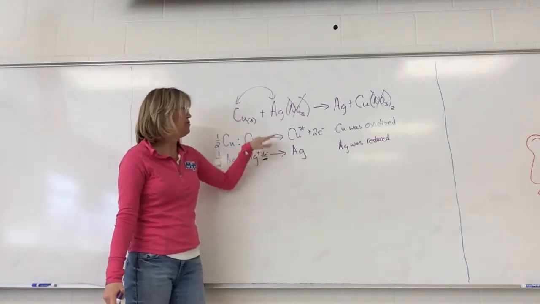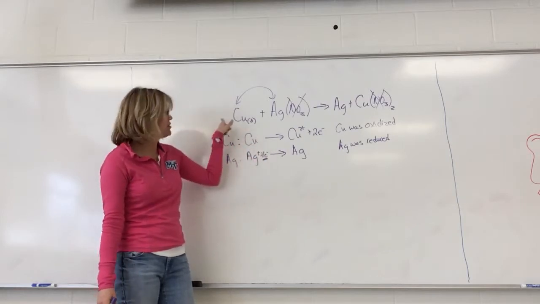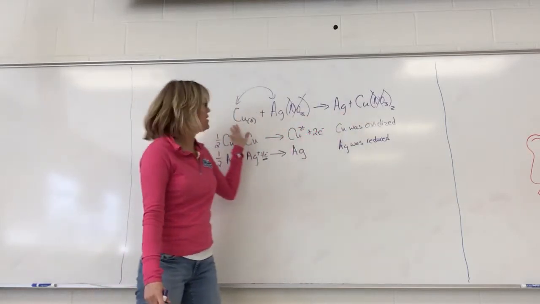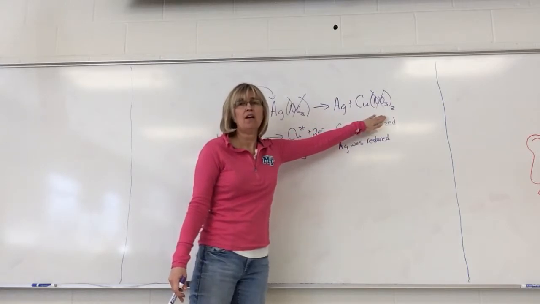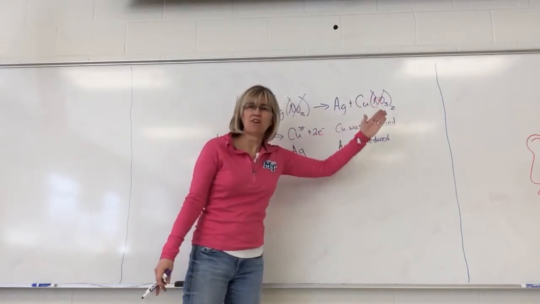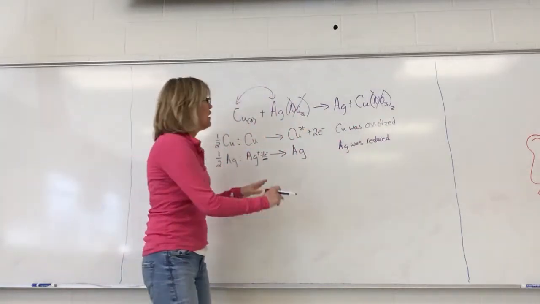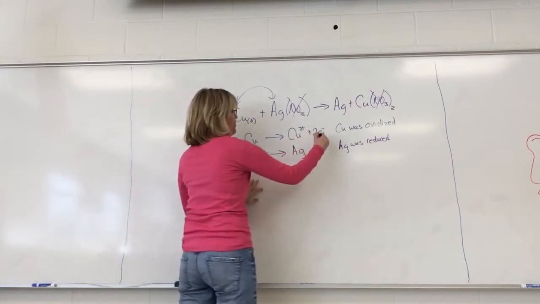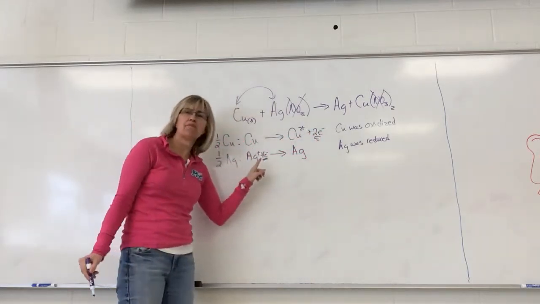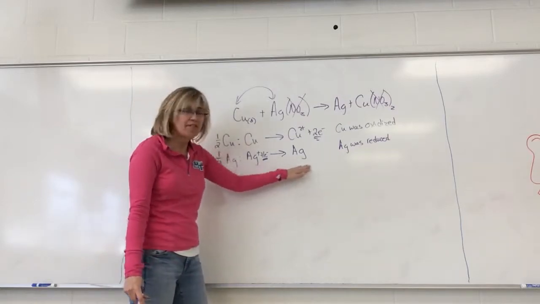Now, if we put these together, we can also use half reactions to balance this equation. Remember I said up here this wasn't exactly balanced, was it? Well, now we'll see why it's balanced, because it all gets down to charge. We're kind of going full circle here with chemistry. If I lost 2 electrons, I better have gained 2 electrons. So what do I do to have 2 here?